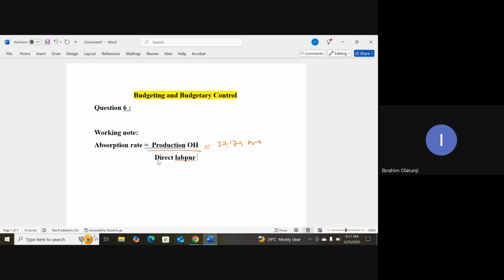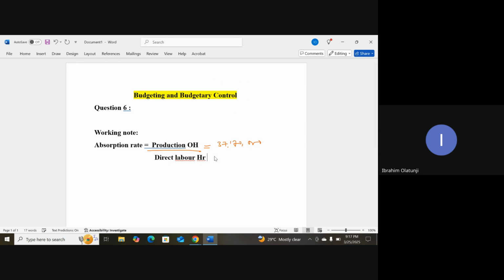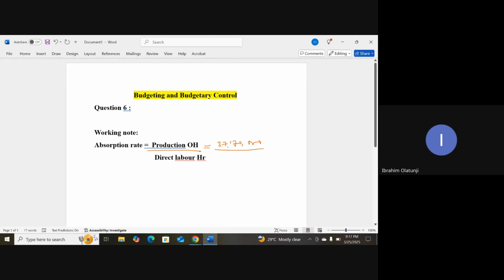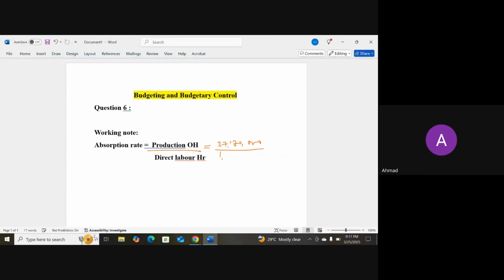What is the direct labor hour here? 1,062,000. So when we divide this, what are we going to have for the absorption rate?